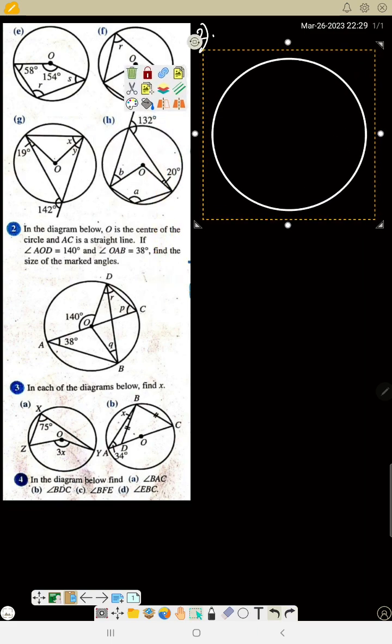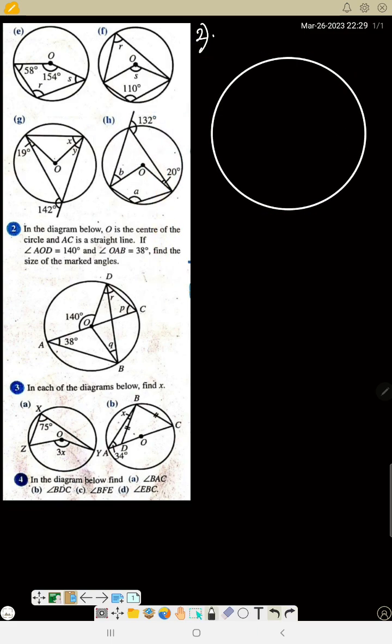So in the diagram, we have the center, so we also have the diameter. Any line that passes through the center is a diameter. So we have AC, that is a straight line passing through the center, and it's a diameter.